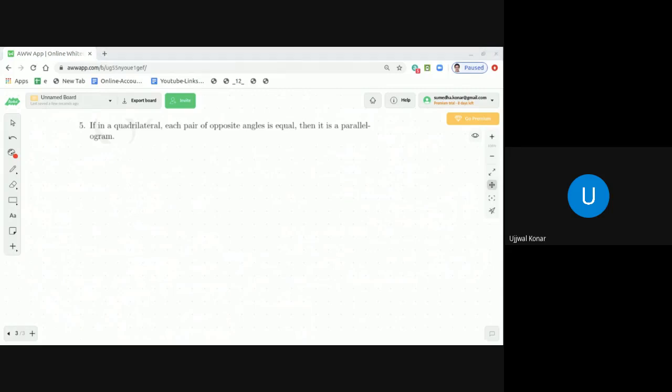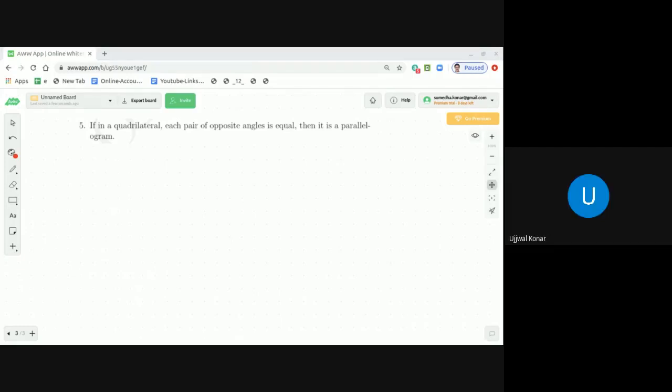And if you see, dear students, it is the converse of the previous property 4, isn't it? Do you get this point? Okay, great. So now, how to prove that one?